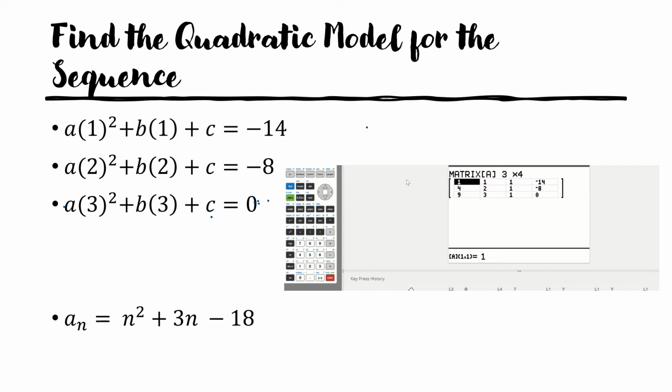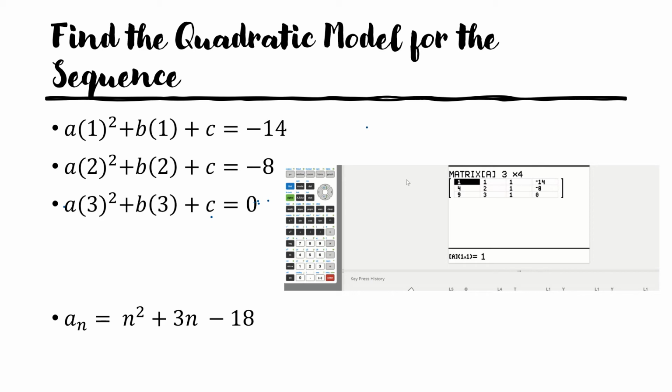Now, as you see here on the calculator, I've already built the matrix, a 3x4 matrix, substituting in, let's see, 1 squared is 1, so that'd be 1A plus 1B plus 1C equals negative 14. And then in my second row, it was A times 2 squared, or 4, plus B times 2 plus 1C equals negative 8.